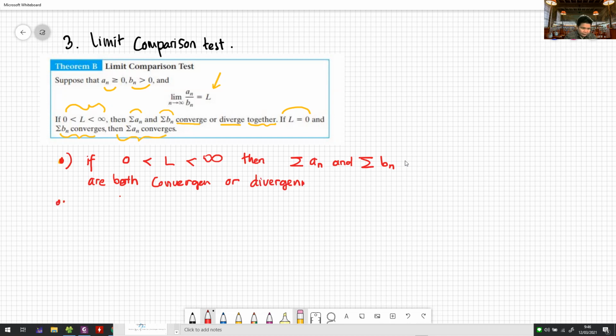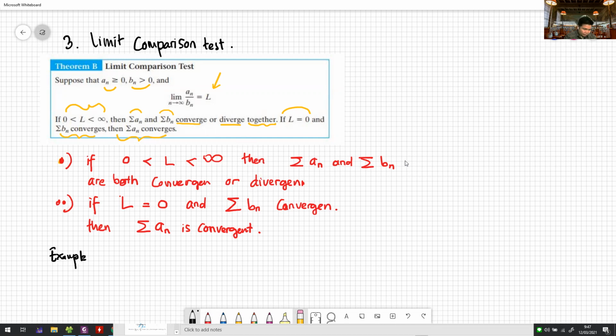That's it. The second one: if L turns out to be 0, and the series bn converges, then the series an converges. Those are the conditions.